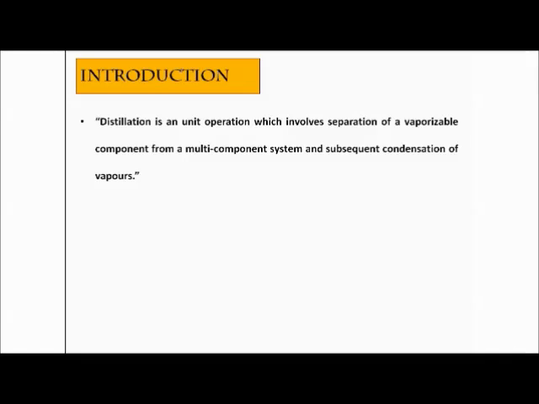And in distillation we are going to provide the heat, and it is going to vaporize. After the separation, the volatile component or the vapor needs to be condensed, or the subsequent condensation of the vapor needs to be done. This is the classic definition of the process of distillation.